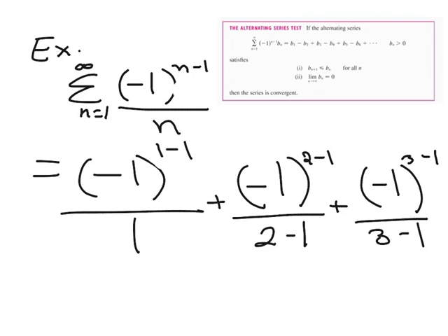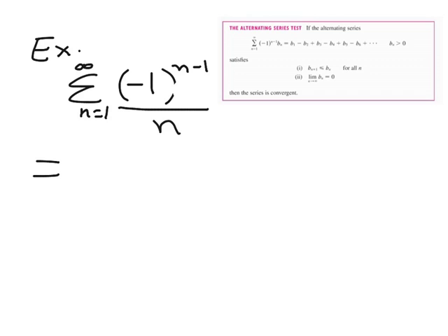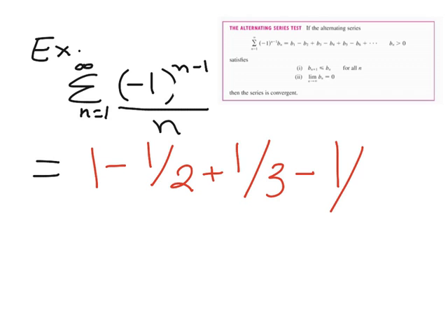Eventually we will get the series, which is going to be 1 minus half plus 1 over 3 minus 1 over 4, and so on.